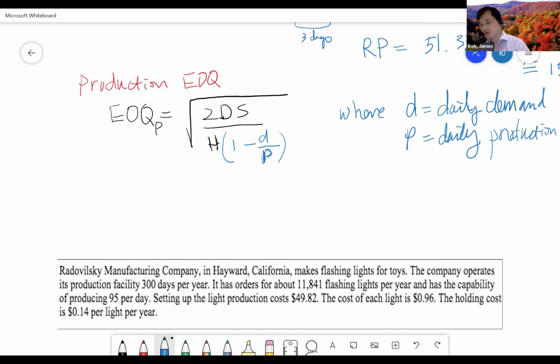You've got to remember that the production EOQ model is a little bit of a variation from the regular EOQ model, and this is the formula that we are going to use.